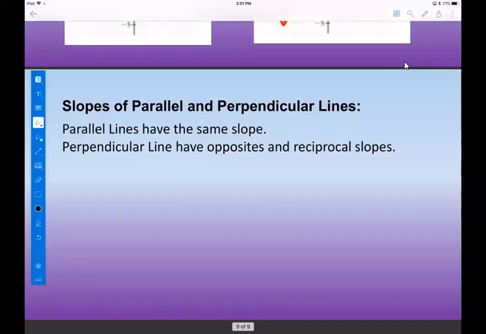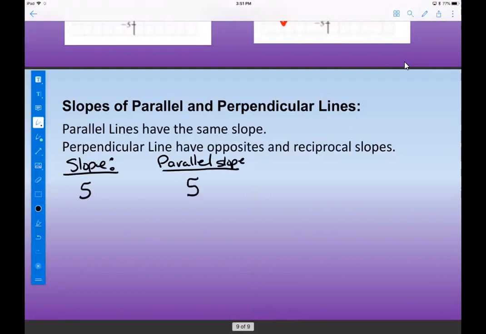And then just a couple of things, slopes of parallel lines and perpendicular lines. So let's say the slope of a line is 5. Well, the parallel slope is going to be the same, so it's 5.